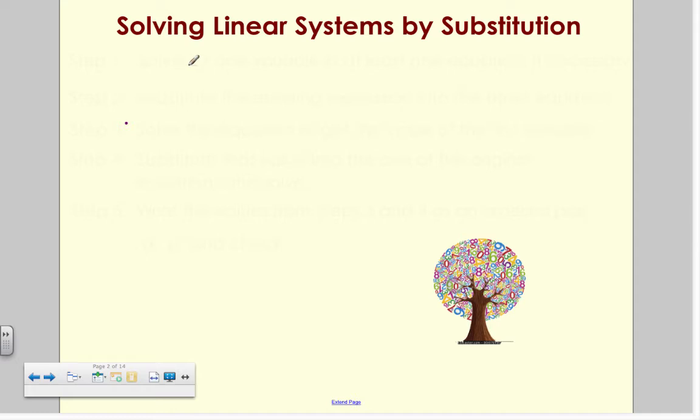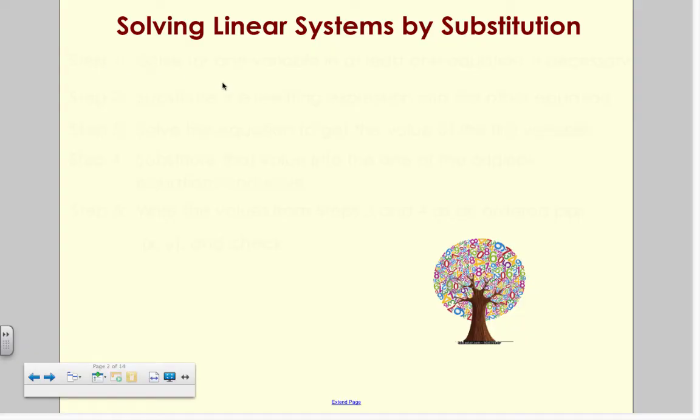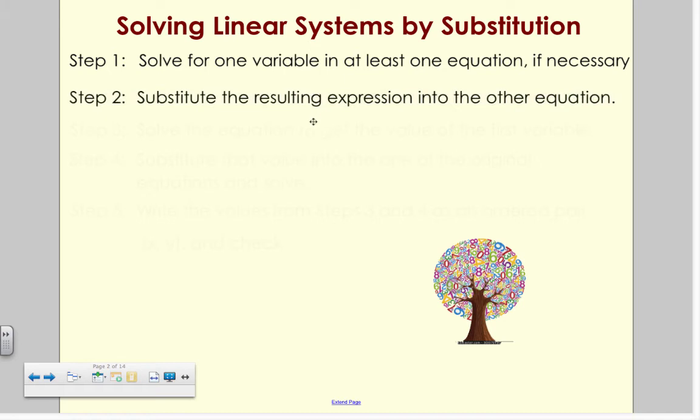So step 1 here says solve for one variable in at least one equation if necessary. Then we go to step 2, which is to substitute the resulting expression into the other equation.